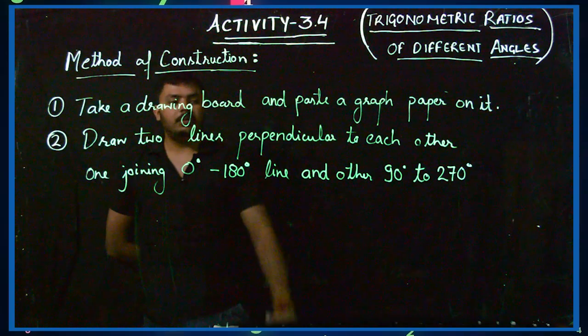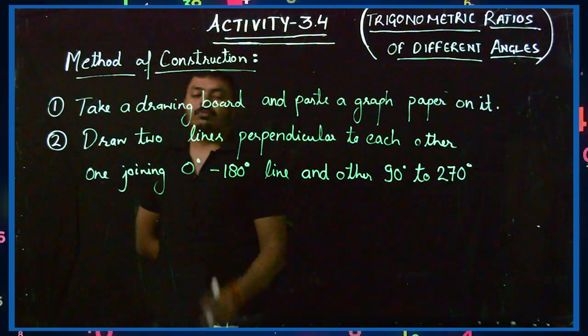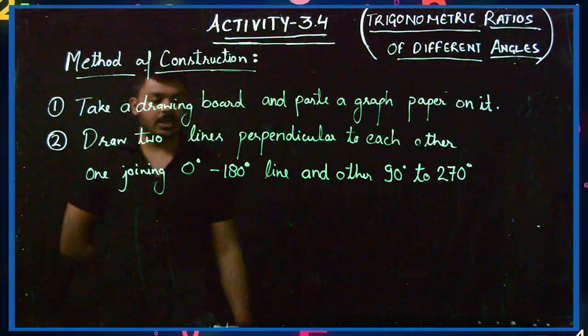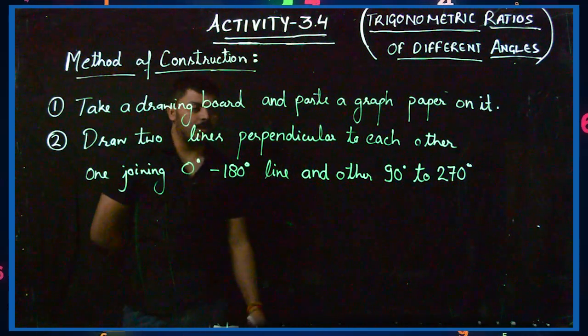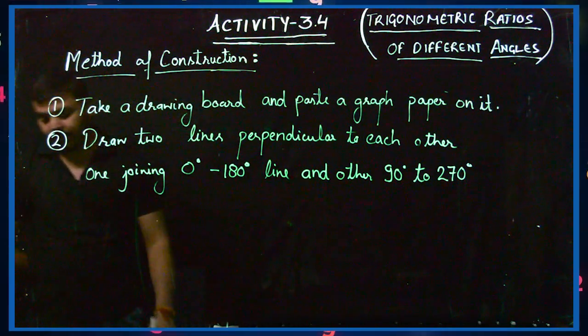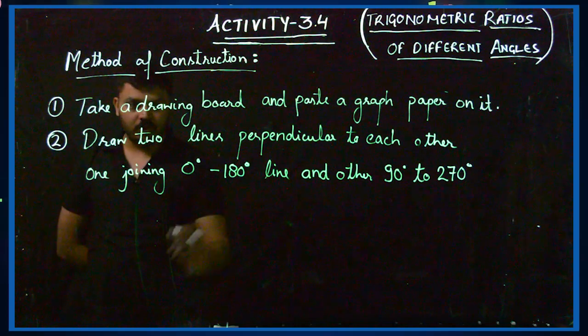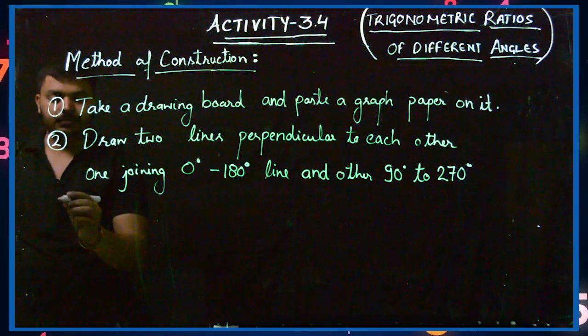So draw two lines perpendicular to each other, one joining the 0 degree to 180 degree line and the other joining 90 degree to 270 degree. And the two lines are mutually perpendicular to each other.